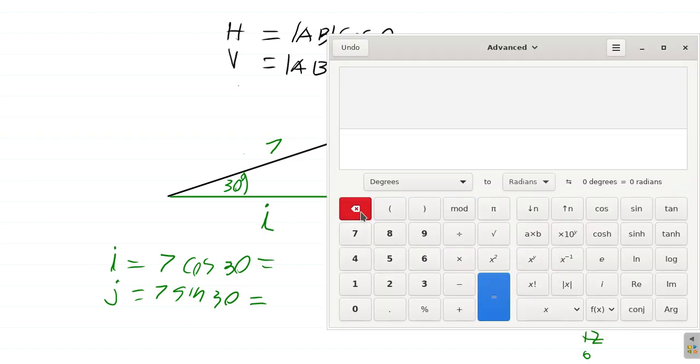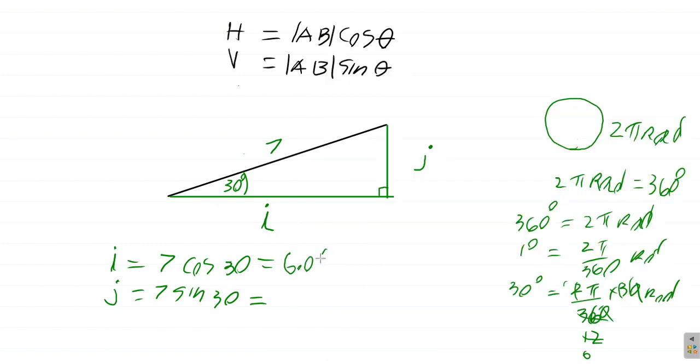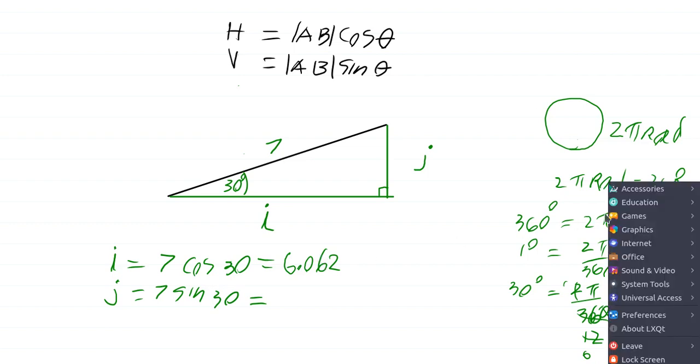Alright, so 7 cos 30 equals 6.062. And then we have J now.